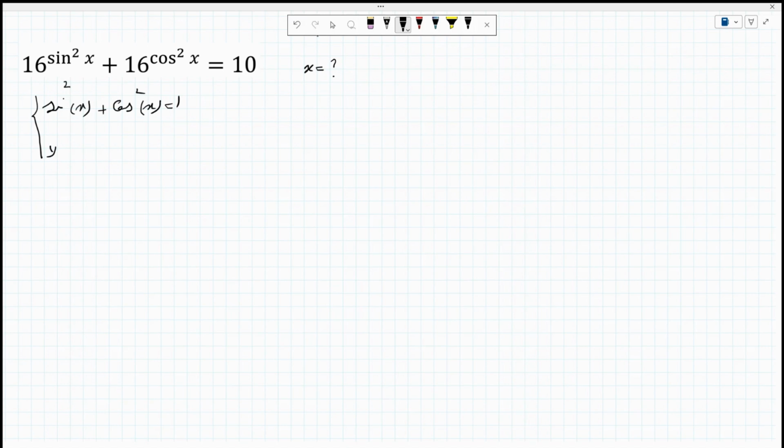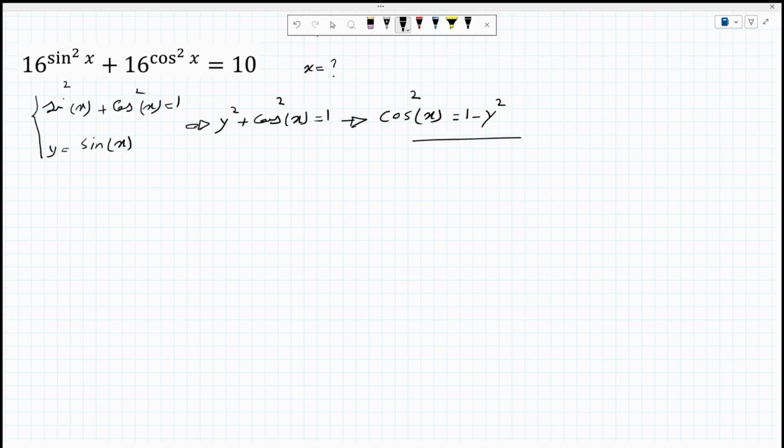If I assume y is equal to sin x, this gives me y² plus cos²x equal to 1, or cos²x equal to 1 minus y².